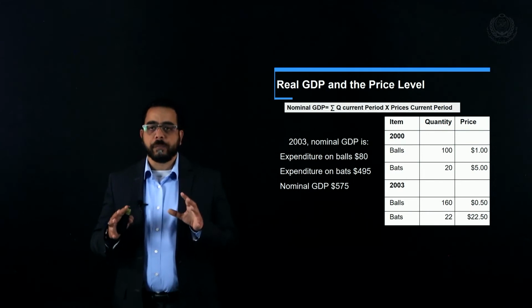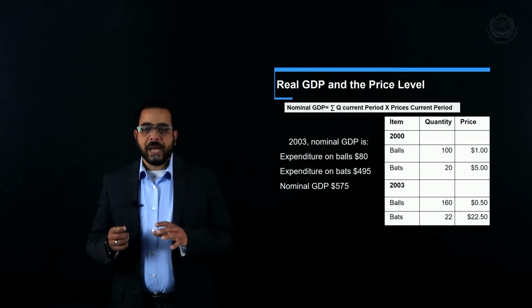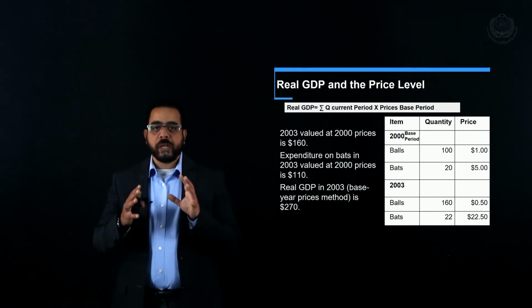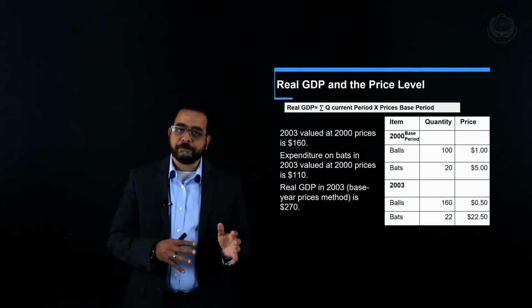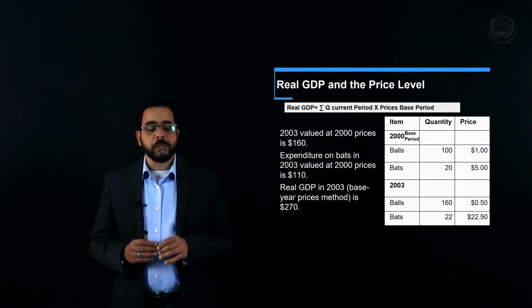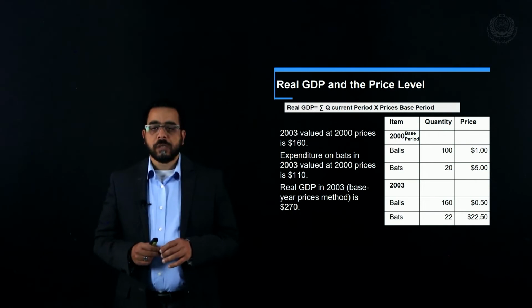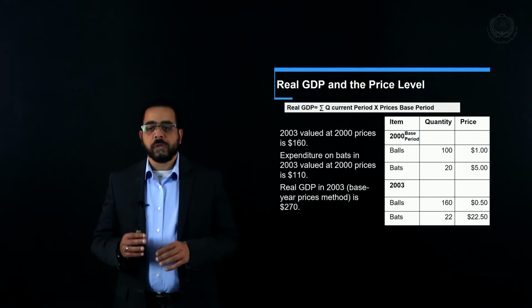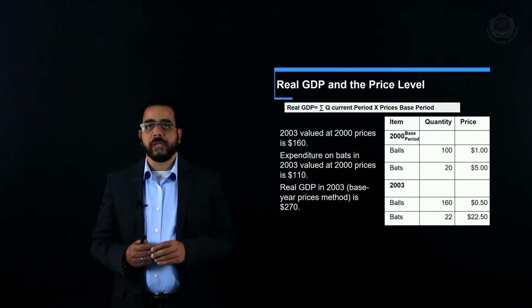We still have the problem of the changing prices. So now I'm going to assume that 2000 is the base year, and I'm going to use the prices of 2000 to evaluate 2003 quantities. So what I'm going to do now is 160 times 1 equals a total of 160, and 22 times 5 equals 110, and the real GDP now is 270.